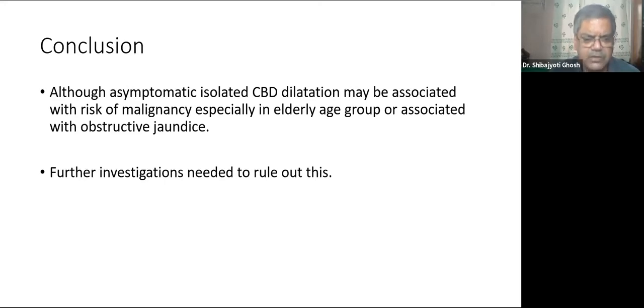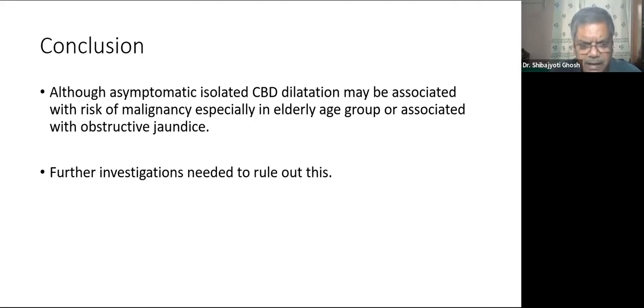If both CBD and IHBR dilatation are there, that is more likely to be pathological or to have a causative lesion rather than only a dilated common bile duct. So we'll have to keep this in mind, and accordingly modify which investigation would be better.